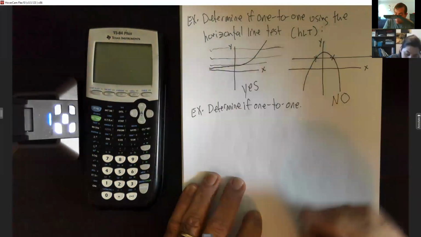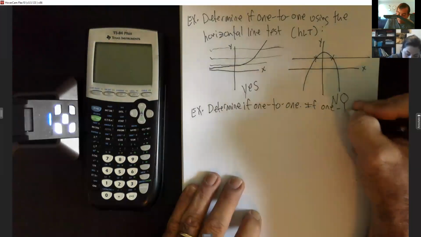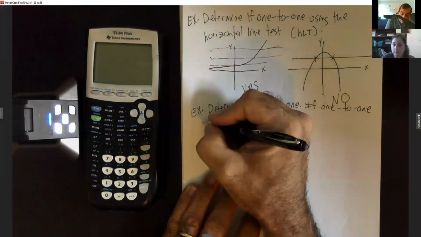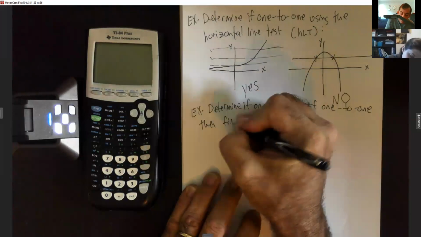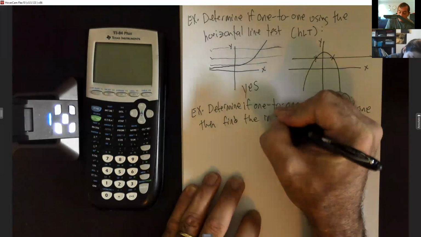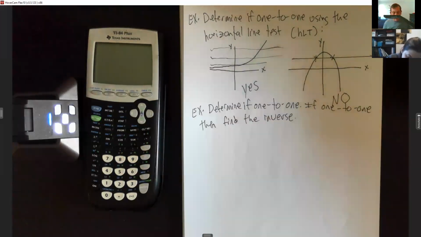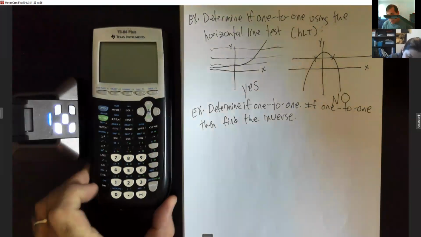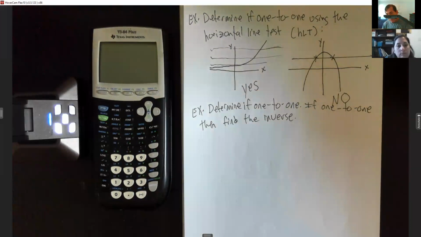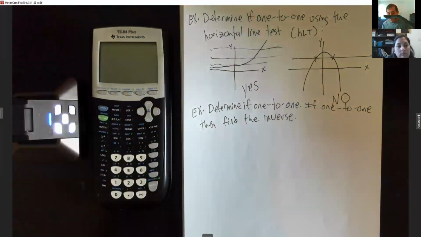If it's 1 to 1, then find the inverse. So usually what I do, I'm just going to graph them real quick on the calculator, see if they look 1 to 1, and then find those inverses.